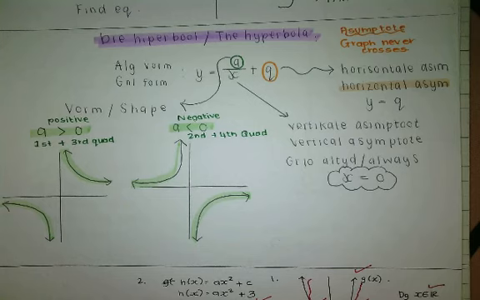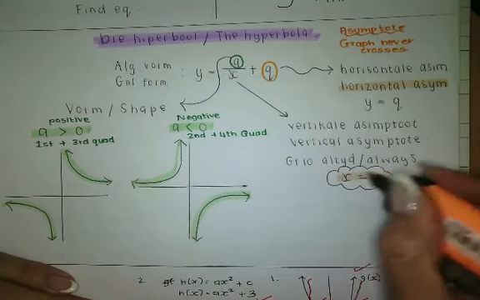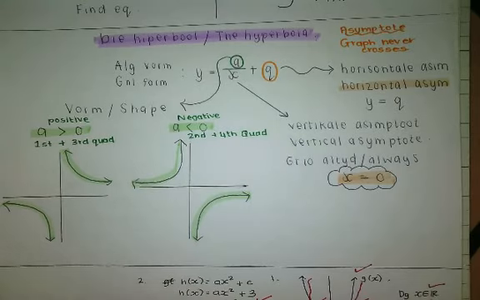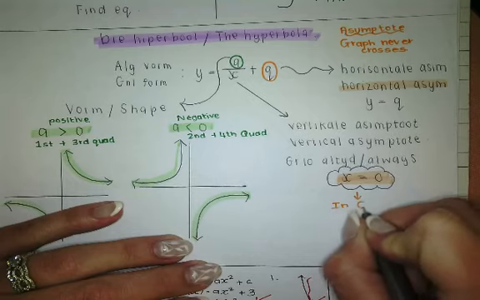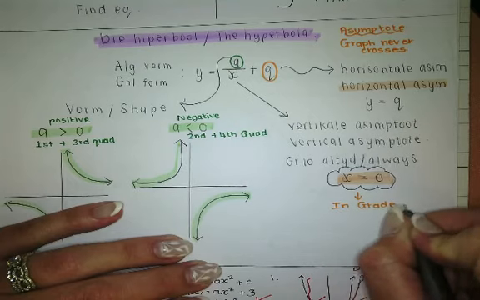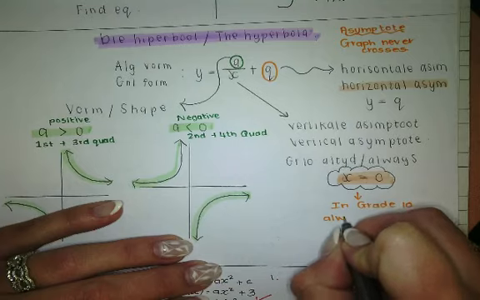Just as the domain of a quadratic in grade 10 is always x is an element of the real numbers, in grade 10 the vertical asymptote of a hyperbola will always be the y-axis.